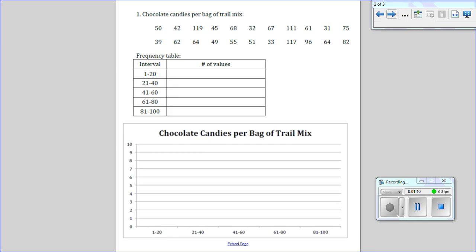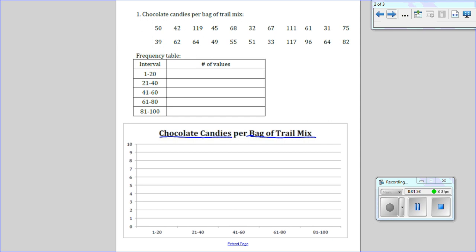so if you look here, what we have is a scenario whereby there are bags of trail mix. If you don't know what trail mix is, it's just these little small bags, it'll have different kinds of nuts, maybe some raisins and some other things. But some of them actually have some chocolate candies in there with them.